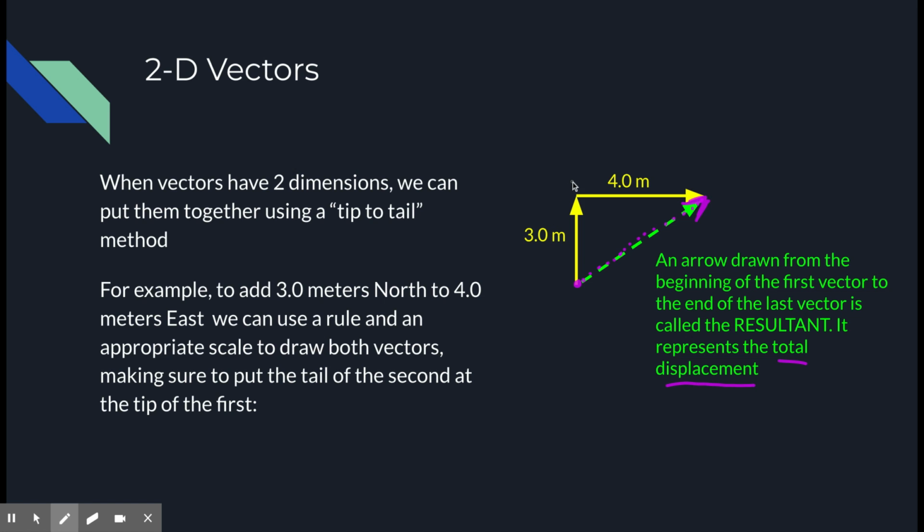North is up, and east is to the right. A little compass reminder: north, south, east, west. Then we take an arrow from the beginning of the first vector to the end, and that's our total displacement.